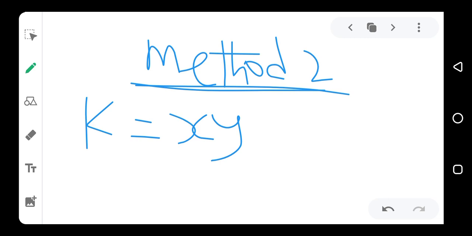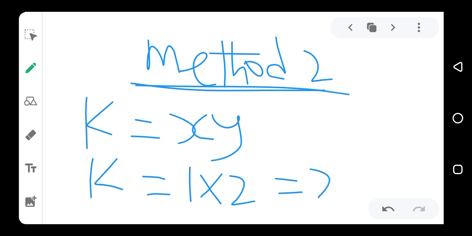The first x given to us is 1, and the first y given to us is 2. So you say that k is equal to 1 times 2. So k is equal to 2. This is our k, constant.